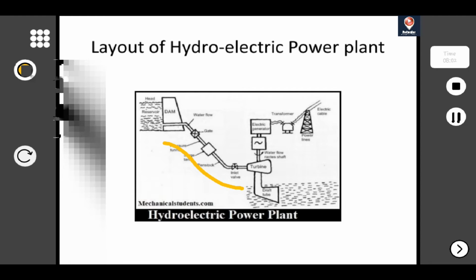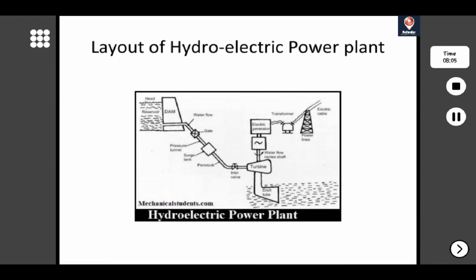In this penstock, the energy of the water is converted into kinetic energy due to gravity. Here the reservoir is in the top position and the turbine is in the bottom position. So from the reservoir to the turbine, when the water is flowing, due to gravity the potential energy of the water is converted into kinetic energy.